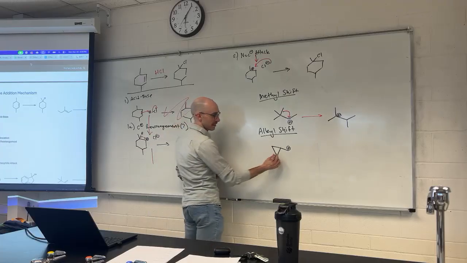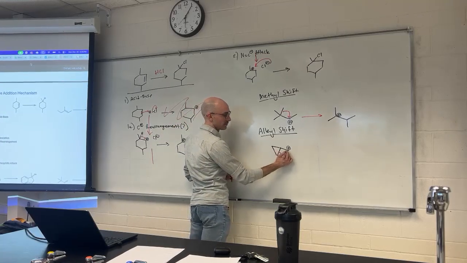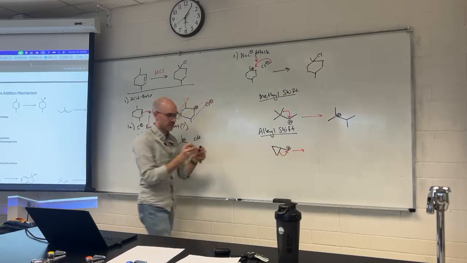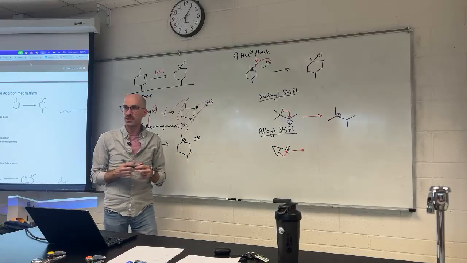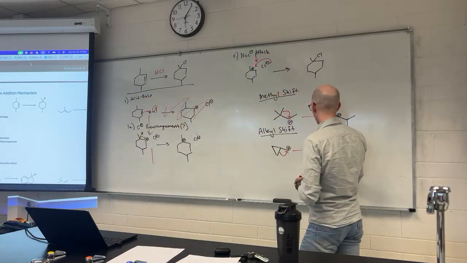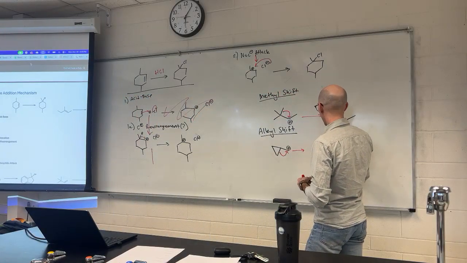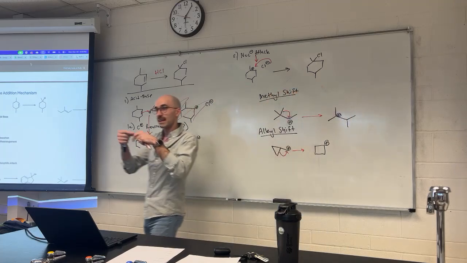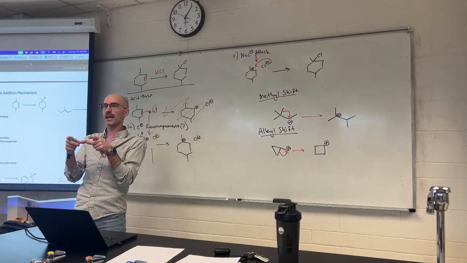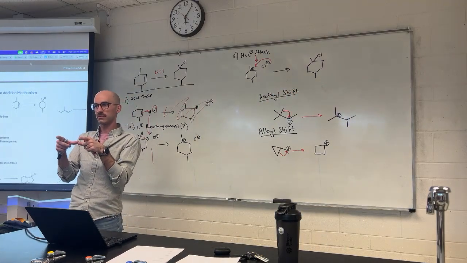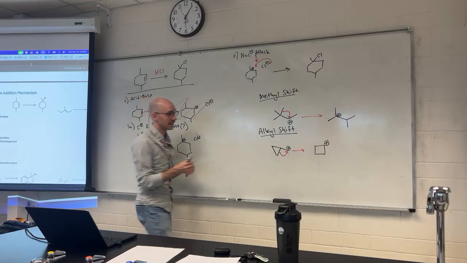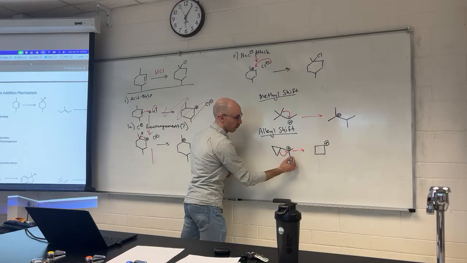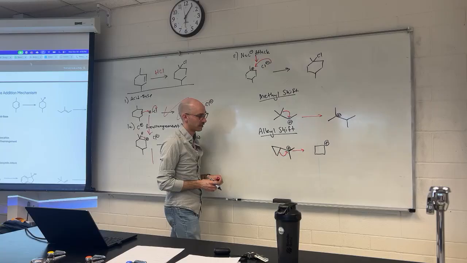If this carbon inside the ring shifts its bond over by one position, I can go from a 3-membered ring to a 4-membered ring. That is less strain on the ring. In fact, this can even happen if I go from a tertiary carbocation.